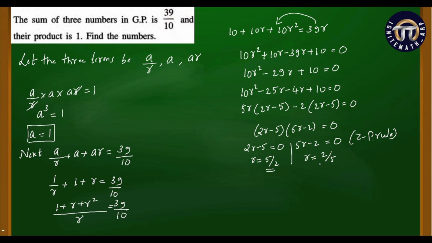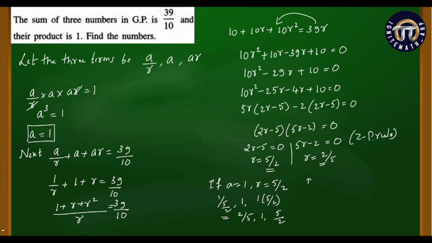I can take both of them. So what should I conclude? If a is equal to 1 and r is equal to 5 by 2, the required terms are, see, a by r. So 1 by 5 by 2, then 1 into 5 by 2. So that is going to be 2 by 5, 1, then 5 by 2. Clear, children?